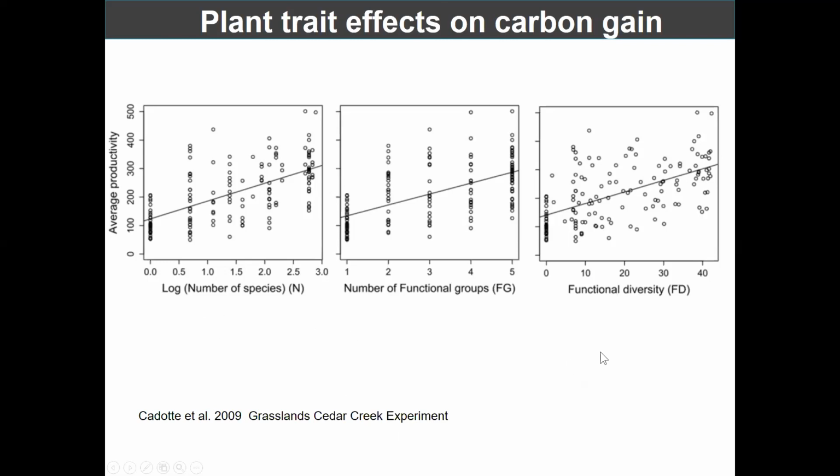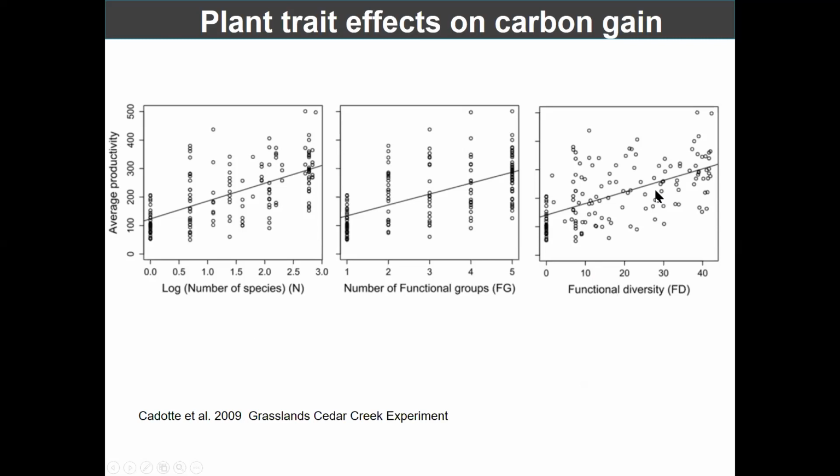I decided to show this because here we have different components of biodiversity. As you can see, this study shows that the average productivity in grasslands not only increased with species richness, but also with functional groups and with different metrics of functional diversity.